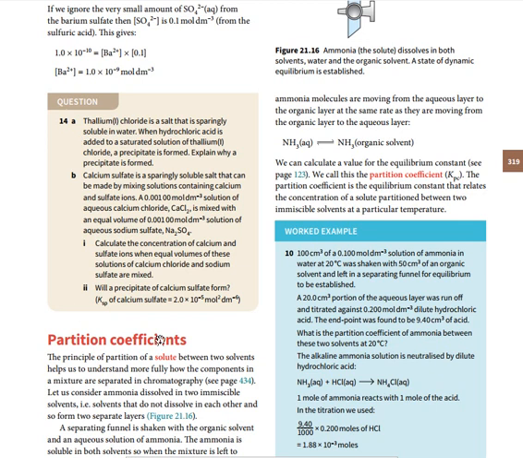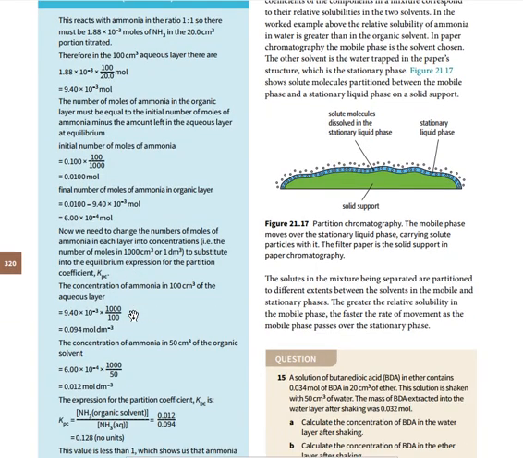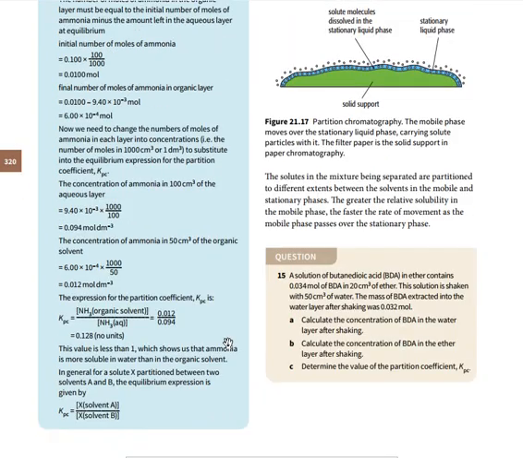The partition coefficient is just defined as a constant. Kp is equal to the concentration of the solute inside the organic solvent divided by the concentration of the solute inside the polar solvent or water. So just say the concentration of that solute inside the organic solvent, for example ether, divided by the concentration inside water. That's going to give you the partition coefficient.